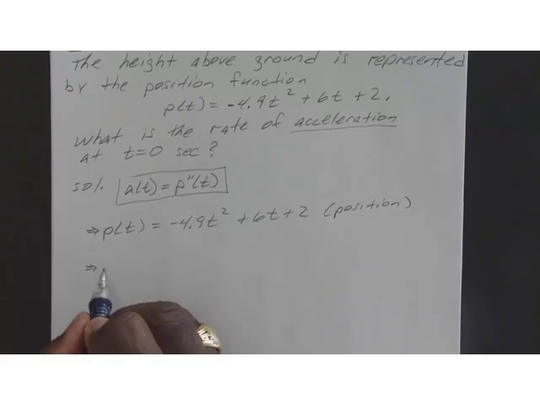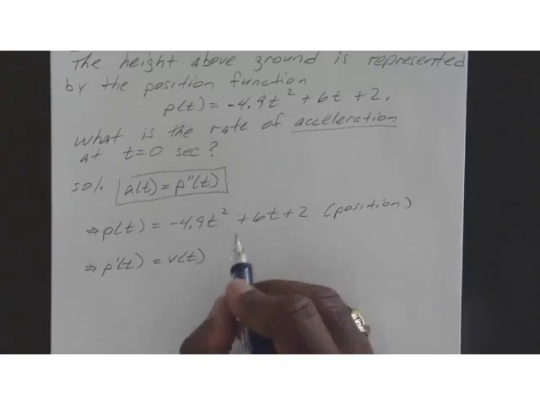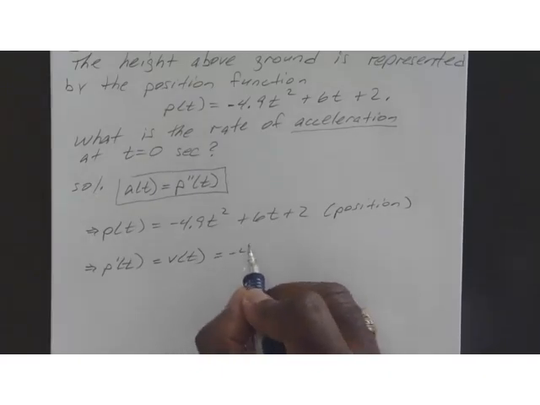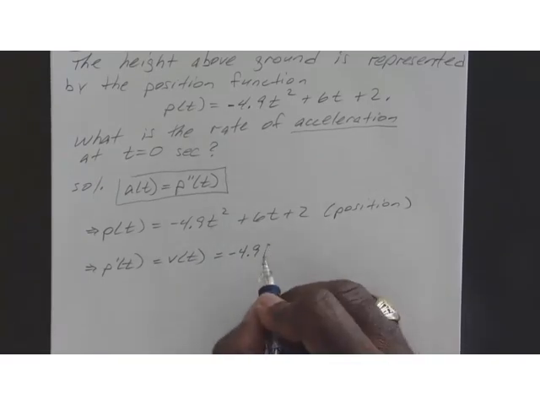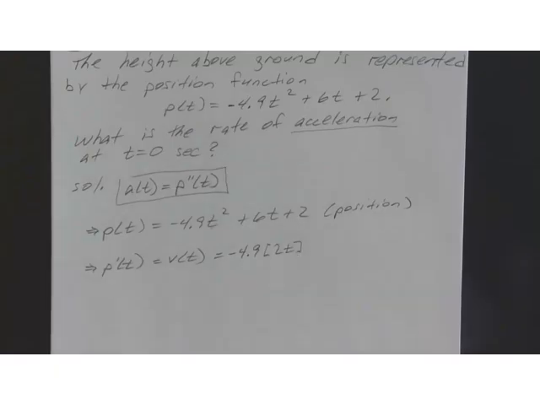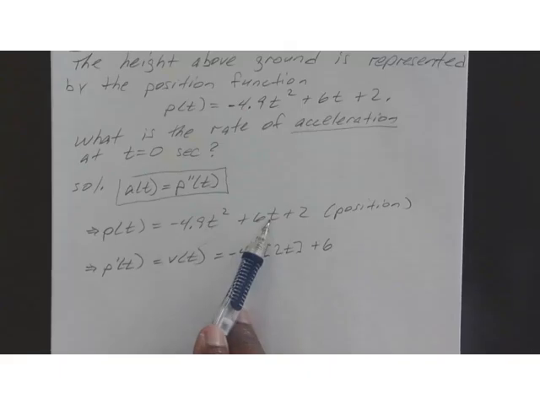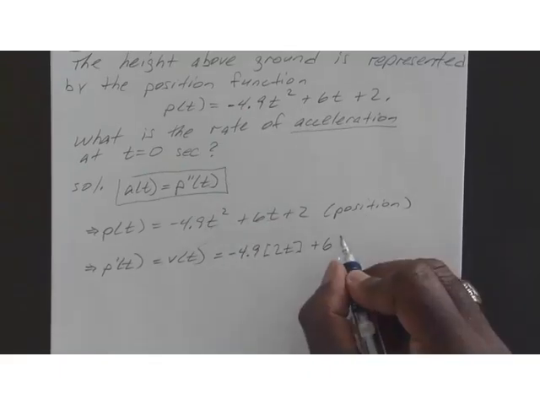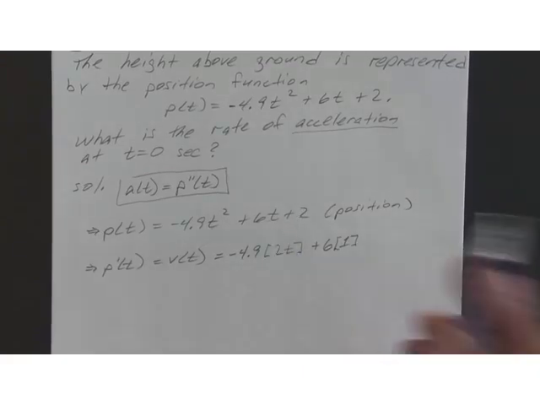So if we take the derivative of that, that gives us our velocity function, which is negative 4.9 times the derivative of t squared, which is 2t, plus 6 times the derivative of t, which is 1, plus the derivative of a constant is 0, so that just disappears.